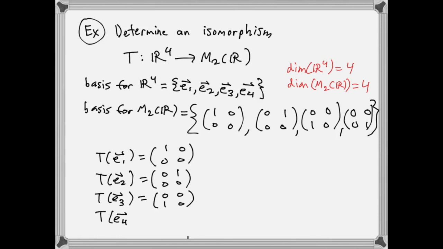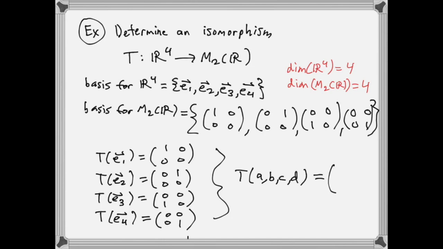And T of E4 is equal to (0, 0, 0, 1). Or if you put this all together, what's T of (a, b, c, d) going to equal? It's going to equal the matrix with entries a, b, c, d. Right? So T is an isomorphism.